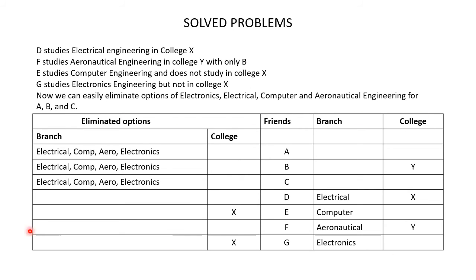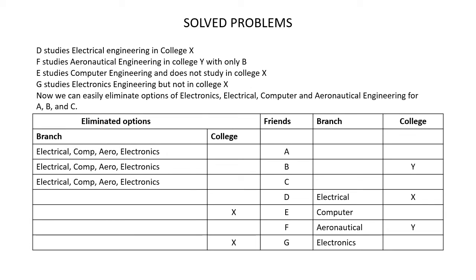Let the second column be for friends. Mark the names of the friends in this column: A, B, C, D, E, F and G. Let the next two columns be for the branch of engineering they are studying and for the college they go to. Let the first column be for the eliminated options.